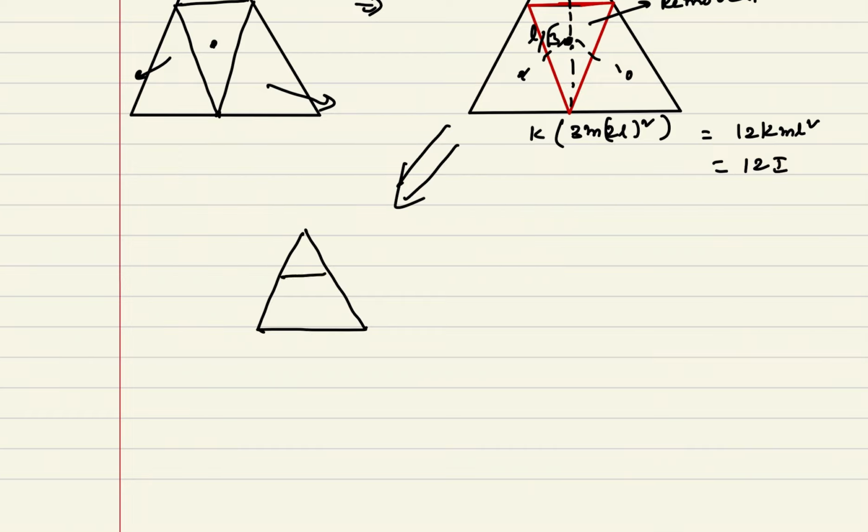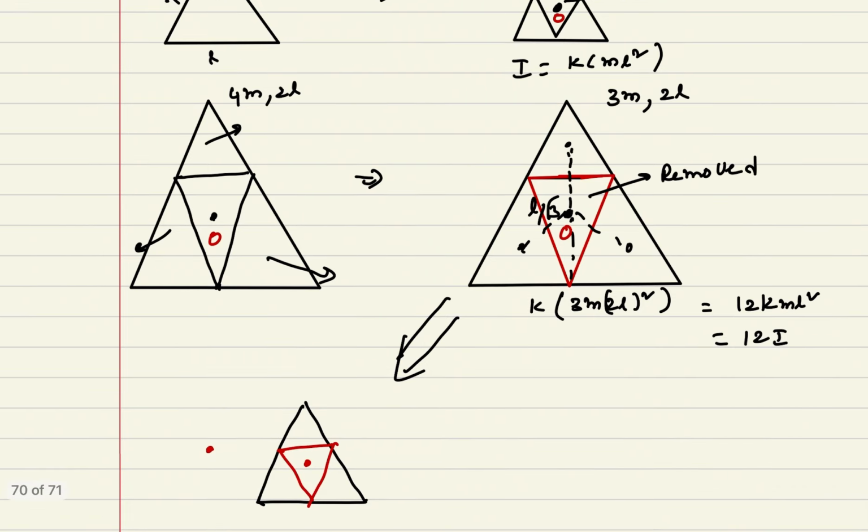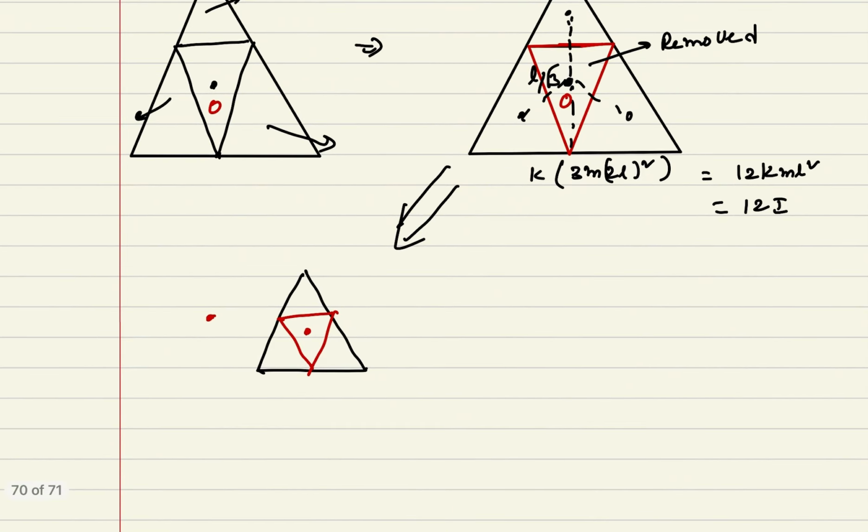A small triangle, this is the removed part. With the removed part I can take our main point O is this. Everywhere I am writing main point O is this. About that point I am calculating. About point O, you can write the distance is equal to L by root 3.